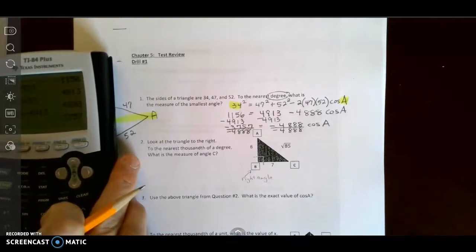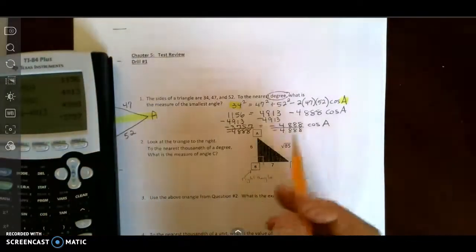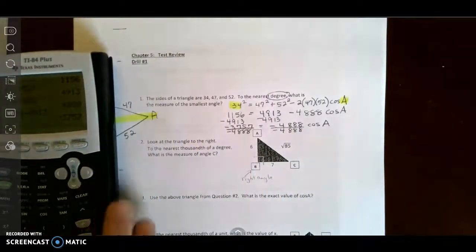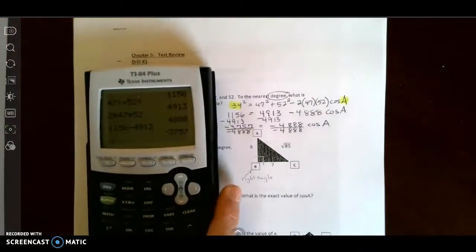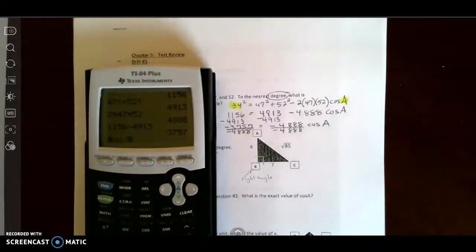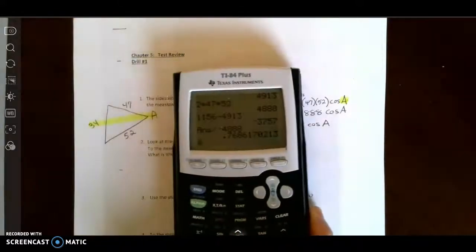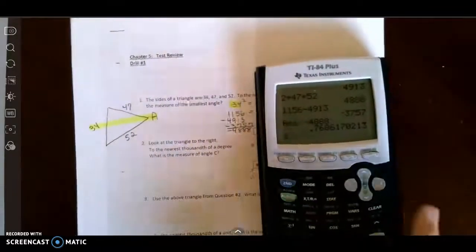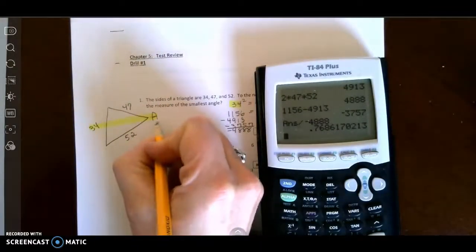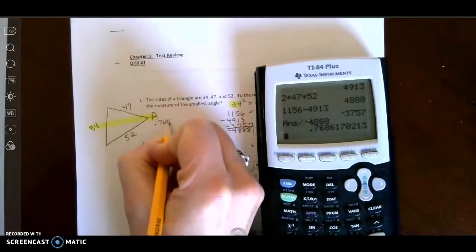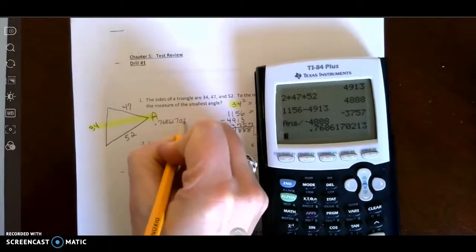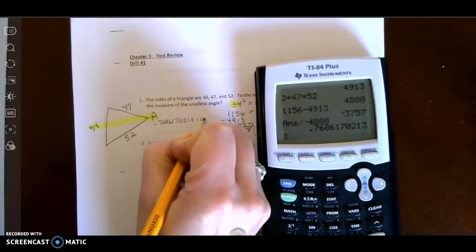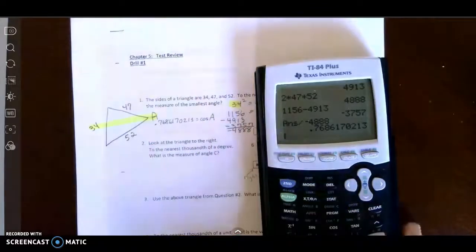Let's see, I'm kind of running out of room here. I'm going to have to move over to here. So the negative 3,757 divided by the negative 4,888 gives me this decimal that I'm going to write down. So I have that 0.7686170213 equals the cosine of A.